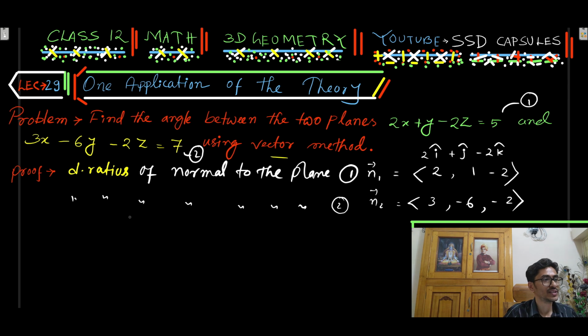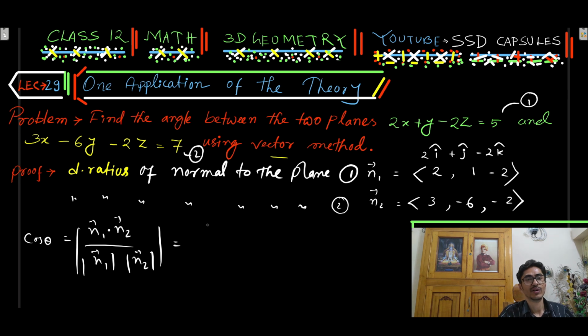So now cos theta equal to what? n1 vector dot n2 vector by n1 vector magnitude into n2 vector magnitude. So now n1 vector dot n2 vector, here we just apply the dot product: 2 into 3, 6, minus 6 into 1, minus 6, and minus minus plus 4, by root n1 vector magnitude.